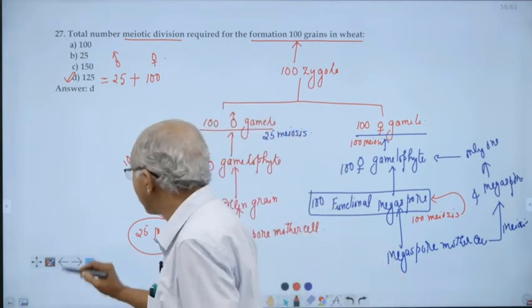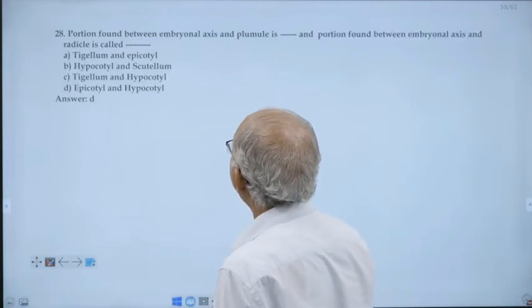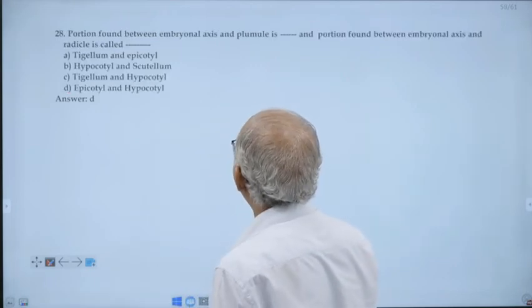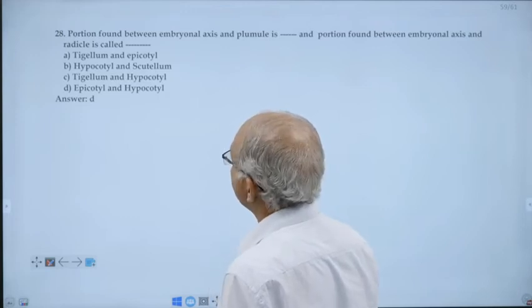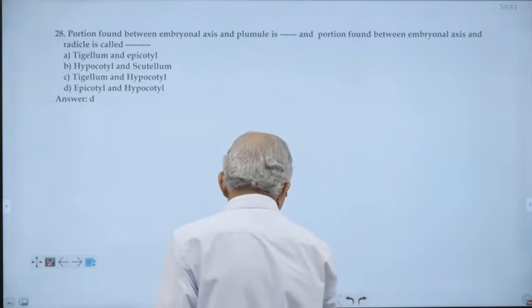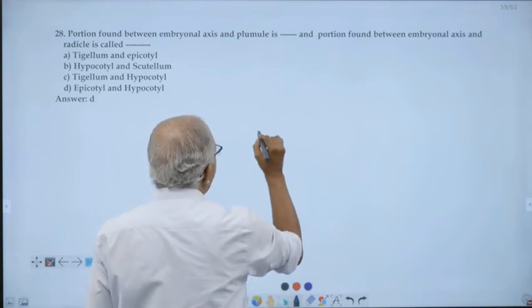28. The portion found between embryonal axis and plumule is... So here this is the embryonal axis.